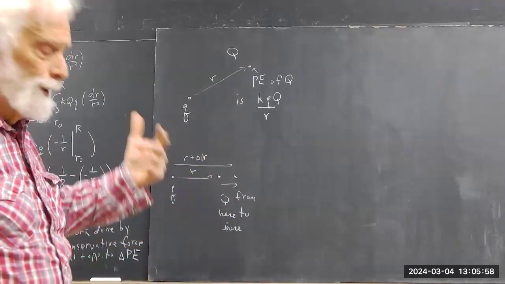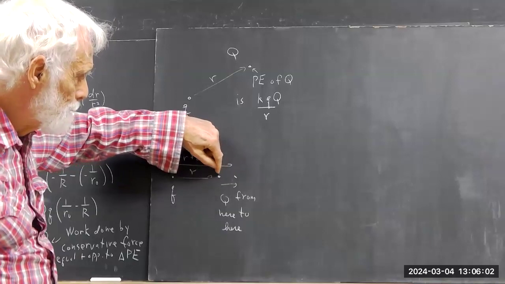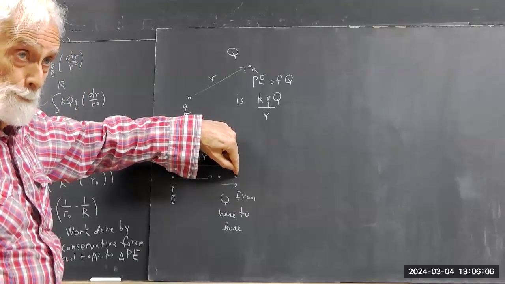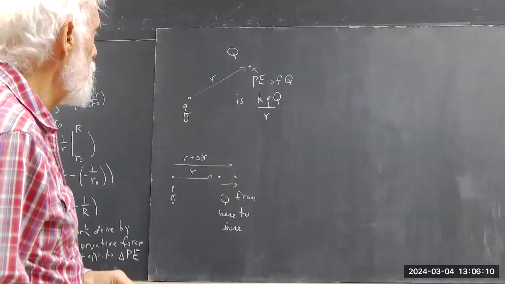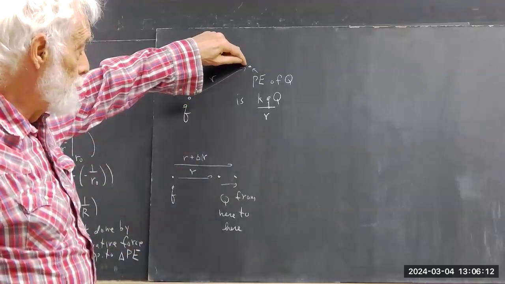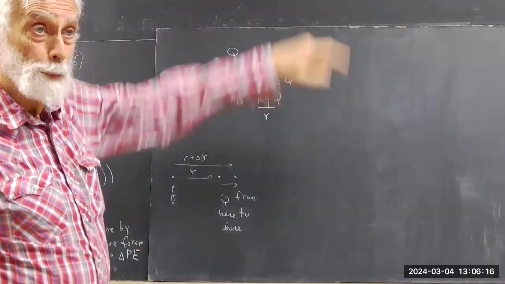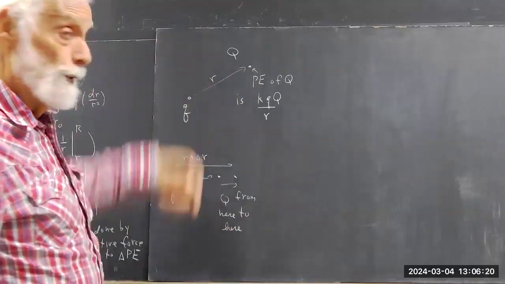If they both happen to be positive, then it would have a greater potential energy here than here. Does it have a greater potential energy here or at an immense distance away? Greater potential energy here, if all these are positive.